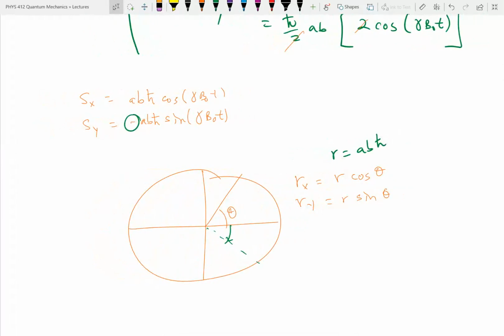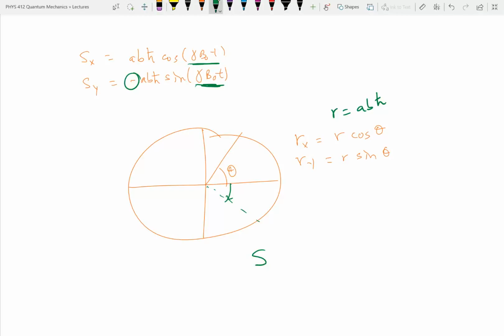So putting that together, since my angle is proportional to time, I apparently have, there I've explicitly put minus omega t in there so that I get the plus sign outside of the sine.